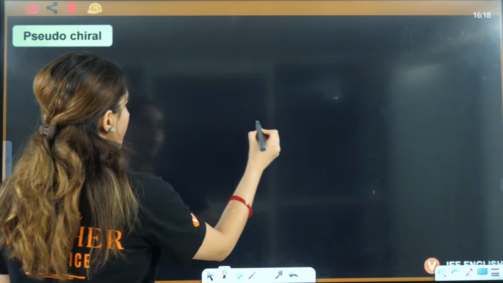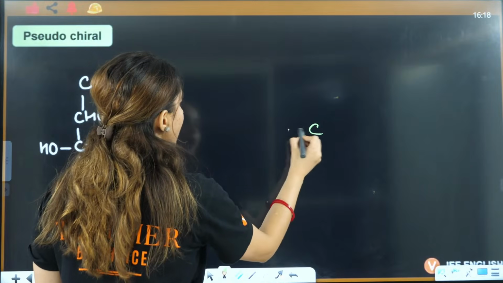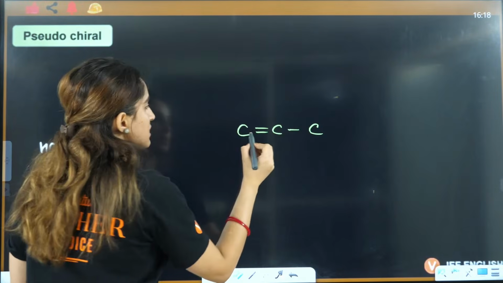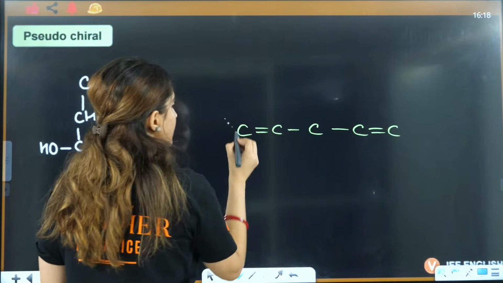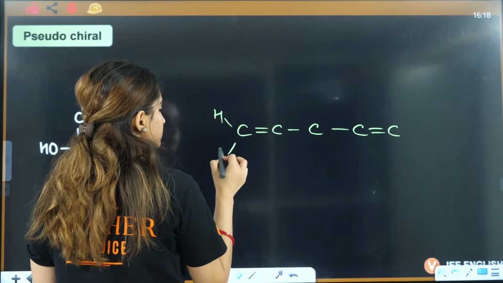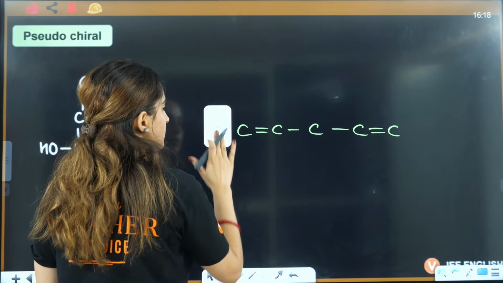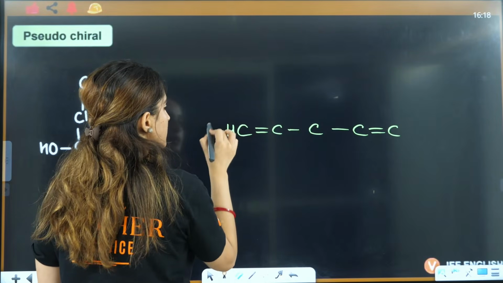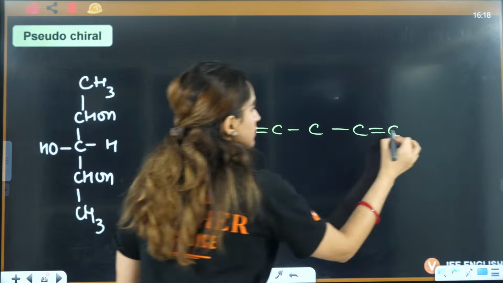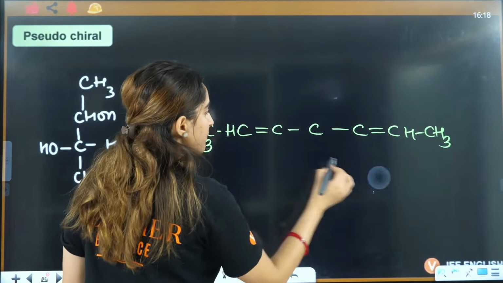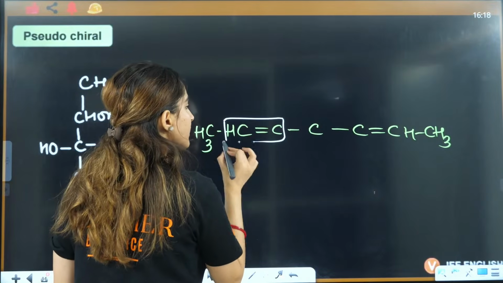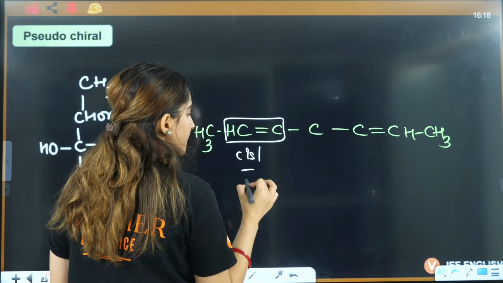Now this is one thing of pseudo-chiral. Another possibility of pseudo-chirals, you have a carbon between two double bonds, right? Okay, between two double bonds, let's say this is CH3, right? Now here what happens, this can be cis or trans.